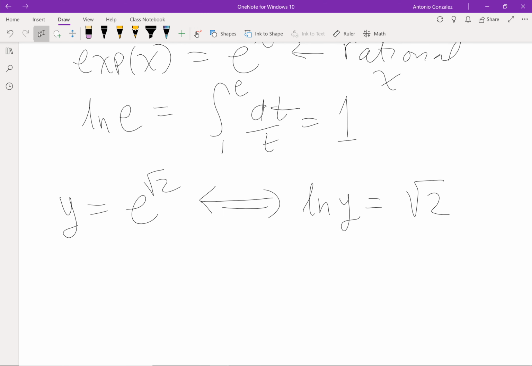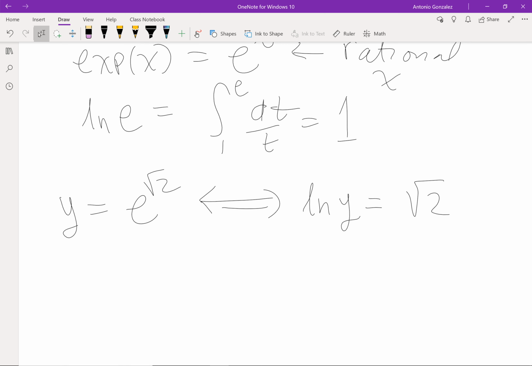We know how to treat rational exponents: the numerator is the power, and the denominator is some kind of root. If it's 2, it's the square root. If it's 4, it's the fourth root. But what do we do with root 2?